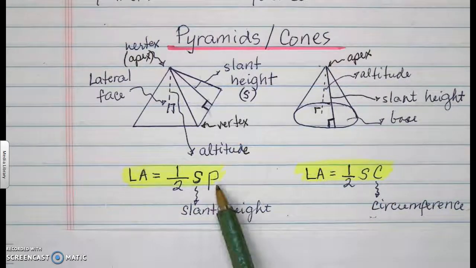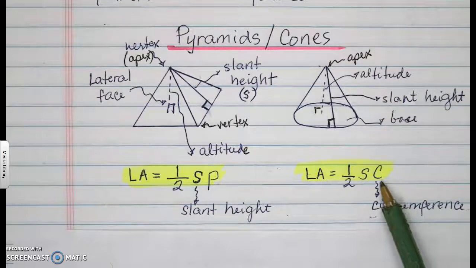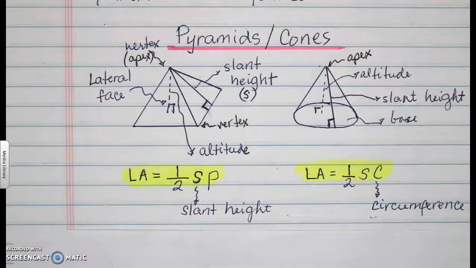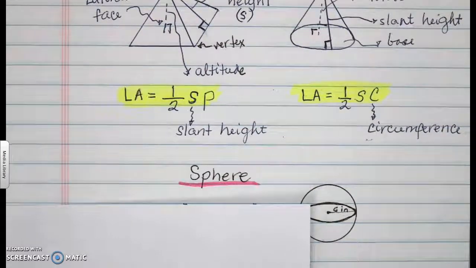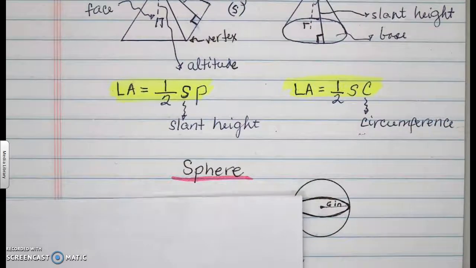So in this case, it's called perimeter. In this case, it's called circumference. And once again, those are the lateral area. To get the total surface area, all you need to do is to add to them the area of their base.